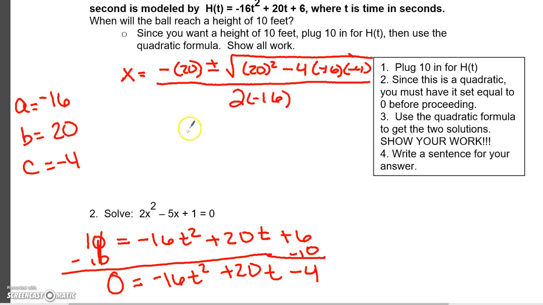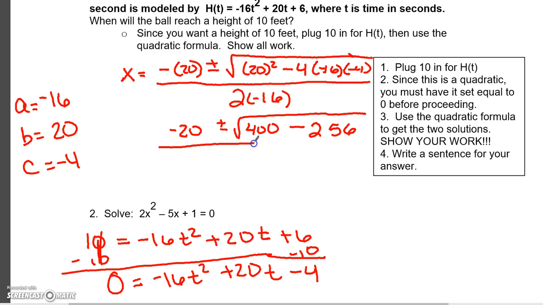So now we're going to simplify. Negative 20 plus or minus, 20 squared is 400. Negative, negative, negative is going to be a negative. 16 times 16 is 256, over negative 32.